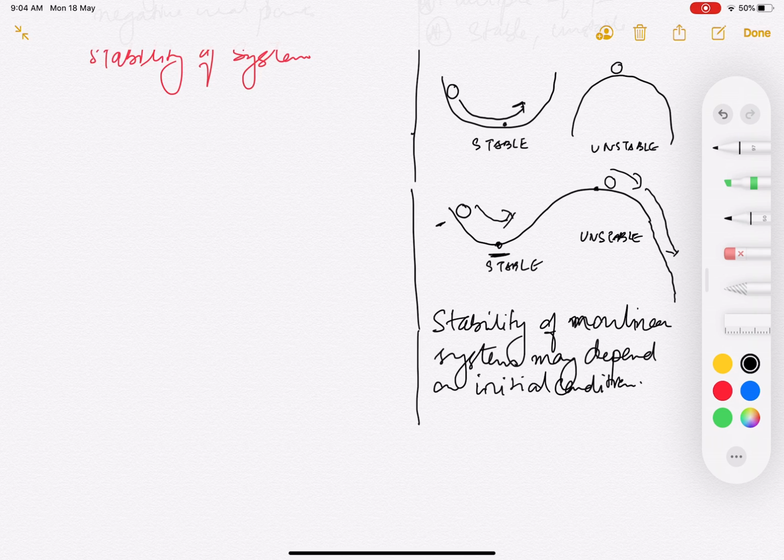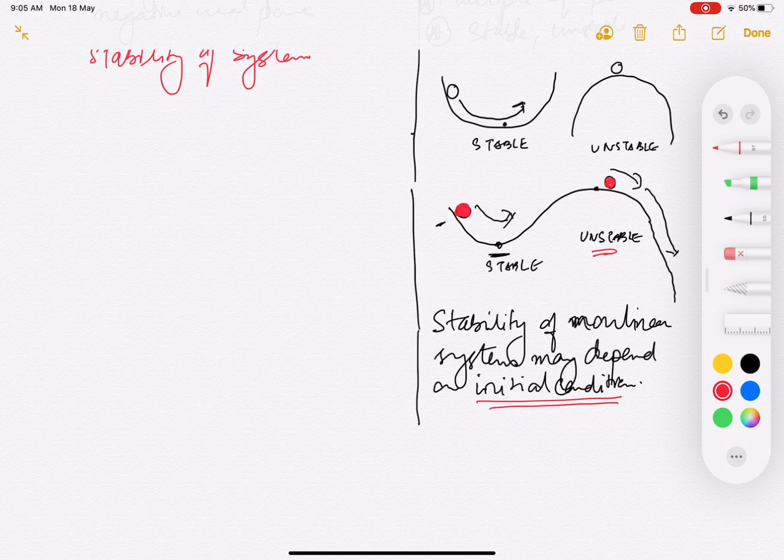So if the ball starts from here, the system remains stable, and if it starts from this point and goes down the hill, the system is unstable. So the stability depends upon initial conditions, and this is never the case for linear systems, right? This second distinction is very important to understand.